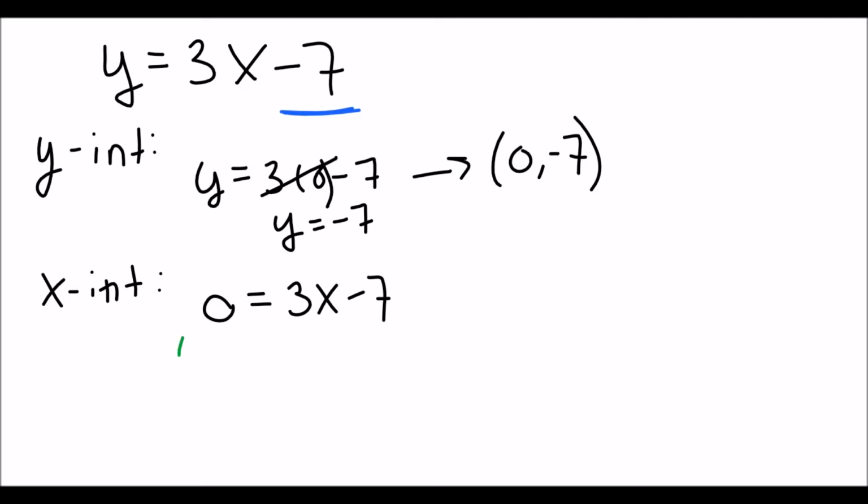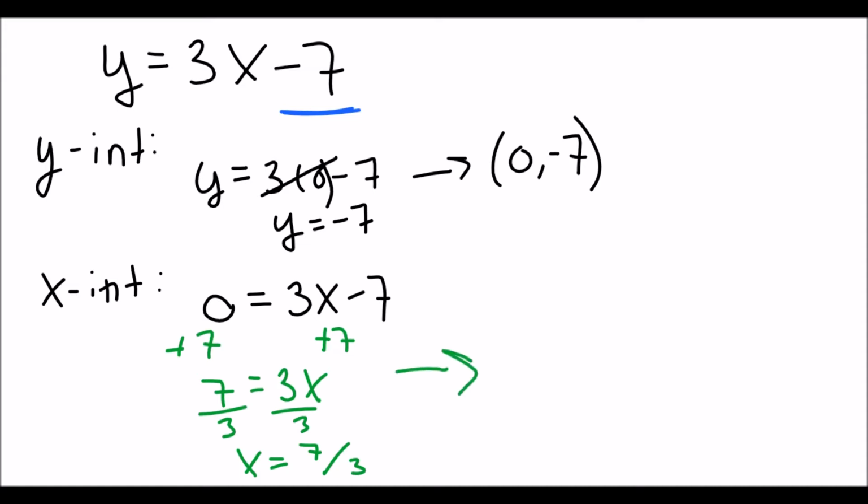Okay, so let's add 7 to both sides. And then we're left with 7 equals 3x. And then solving for x, we divide by 3, and we get x equals 7/3, which is a little bit more than 2, so it's 2 1/3. And this gives us the point 7/3 for x and 0 for y.